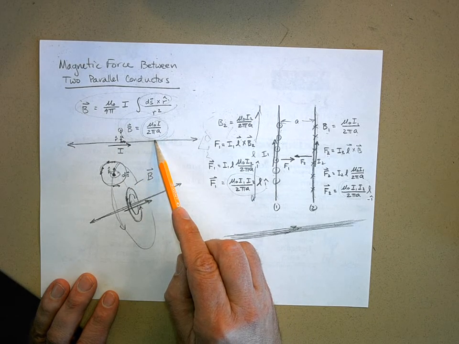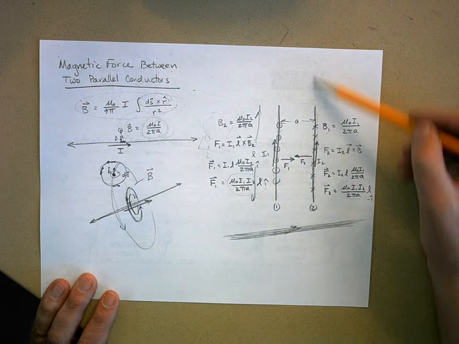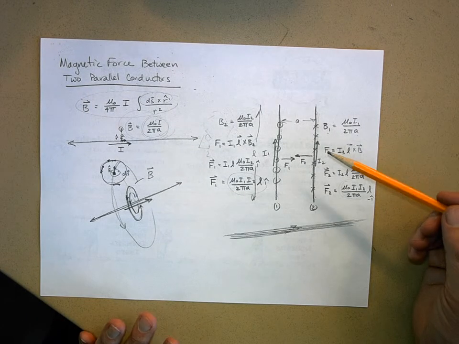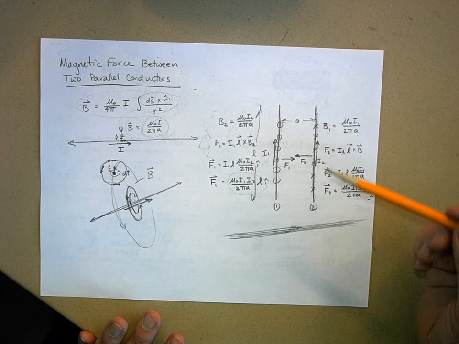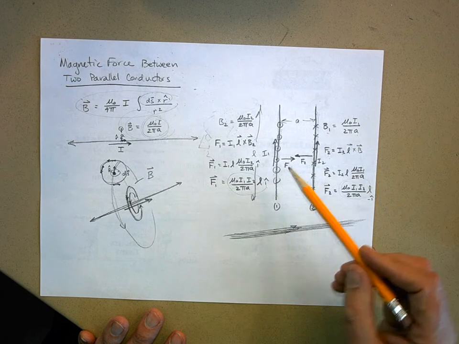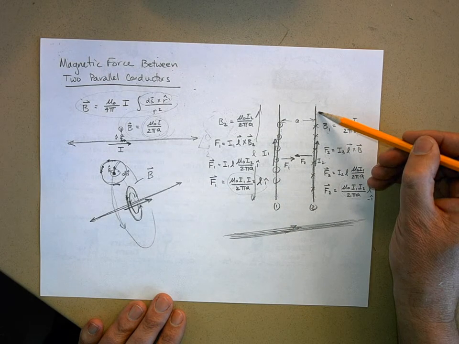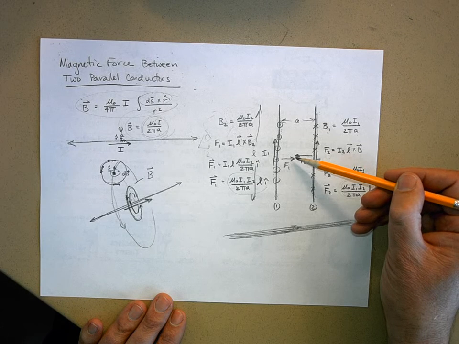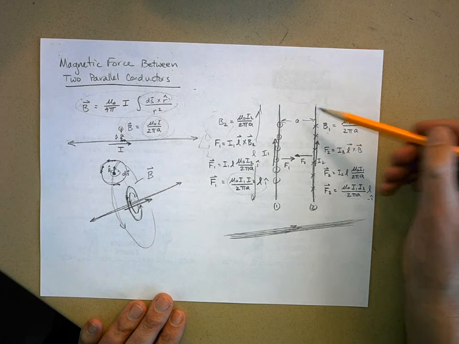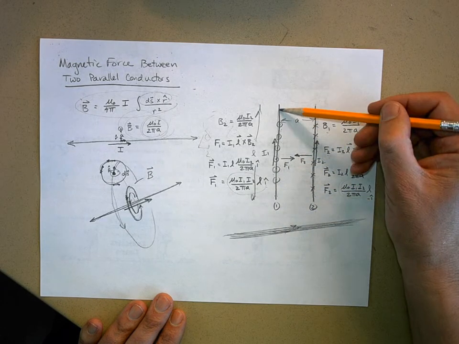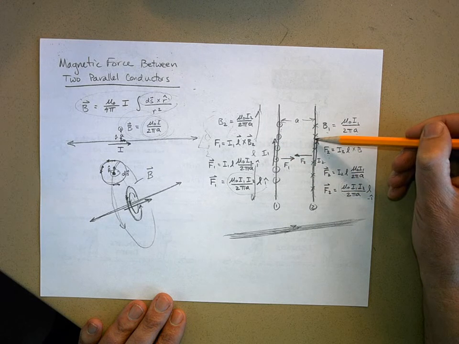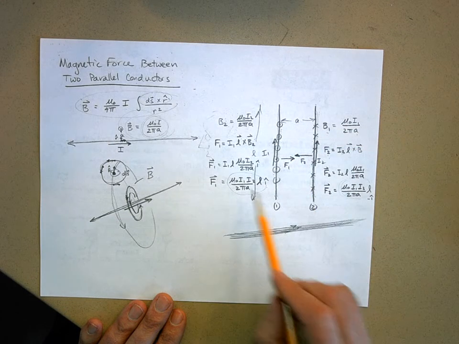If you have two parallel wires, there's a magnetic interaction between them. Wire 1 creates a magnetic field that interacts with the current 2 and tries to pull it to the left. Current 2 creates a magnetic field that interacts with current 1 and tries to pull it to the right. Equal and opposite forces. And here's the equation.